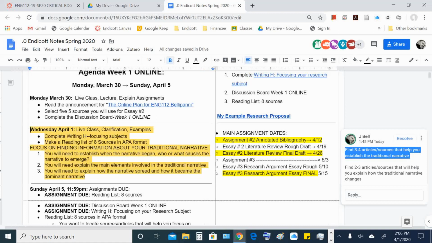In the simplest terms, your literature review will be about your traditional narrative, and then your research argument essay will use your stuff about your traditional narrative to talk about how it changed, what the consequences of the change are or were, and where the narrative is going. So that's the big broad picture. And knowing that, the earlier the better, hopefully.